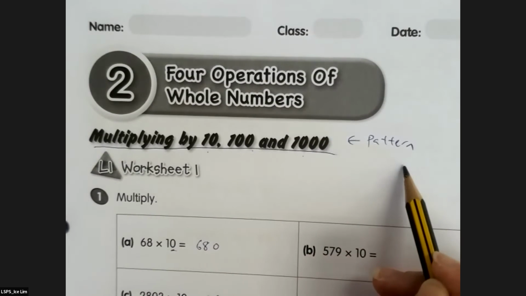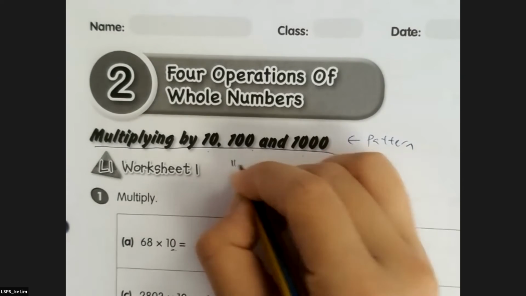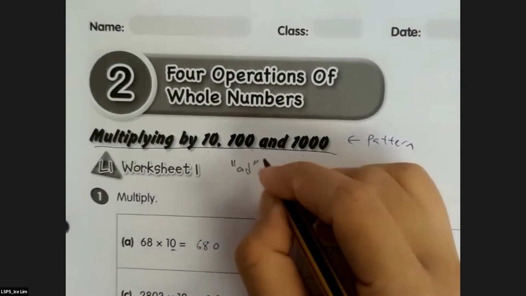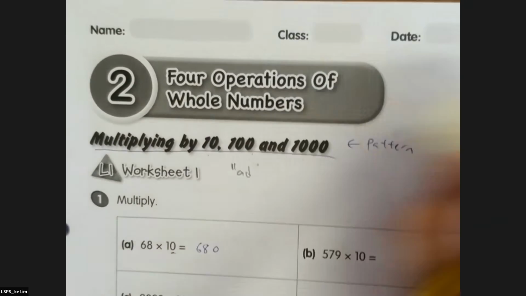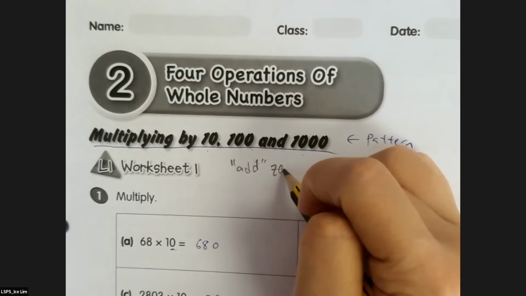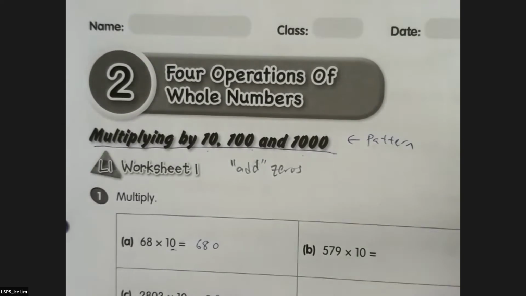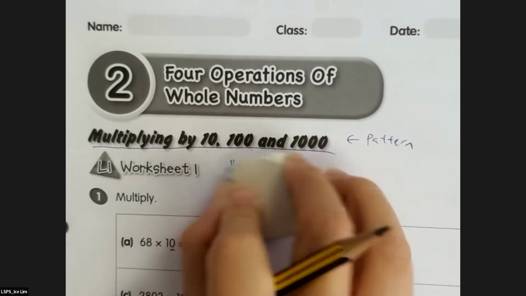So for this, the pattern we identified was pretty quick. We kind of add, not really add, but you top up with some zeros at the back, add zeros behind. But I don't really like this term add because it's addition. It's not quite right. Okay.